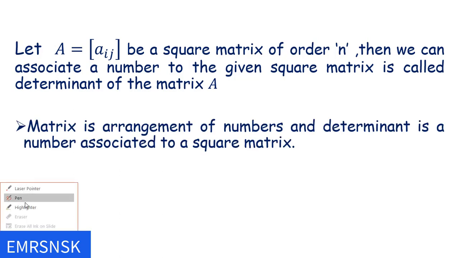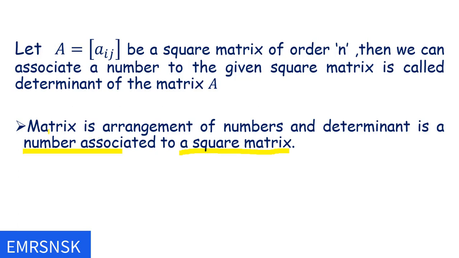We know that a matrix is the arrangement of numbers, and numbers may be real or complex, but the determinant is a number. It is a number associated to a square matrix. So matrix is the arrangement of numbers, whereas determinant is a number which is associated with that square matrix.